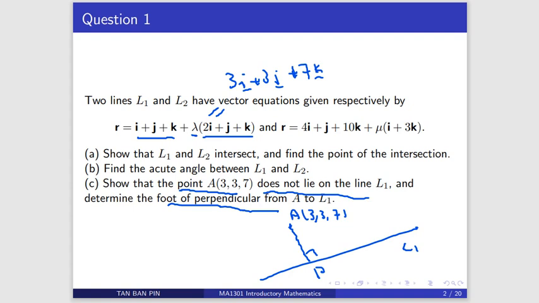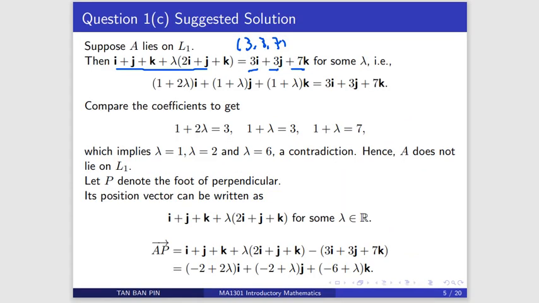Then you show that you cannot solve for lambda. Comparing the i component, 1 plus 2 lambda will be 3. The j component, 1 plus lambda will be 3. The k component, 1 plus lambda is 7. From here you see that it's not possible, because 1 plus lambda equal to 3 and 1 plus lambda cannot be equal to 7.